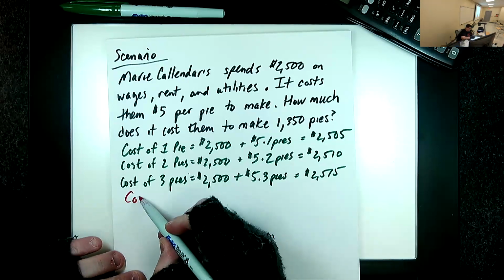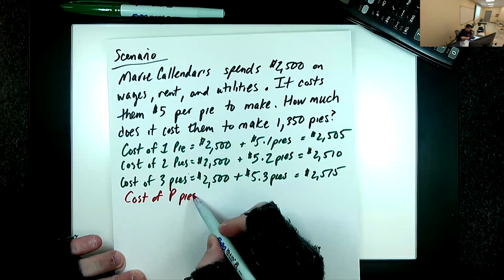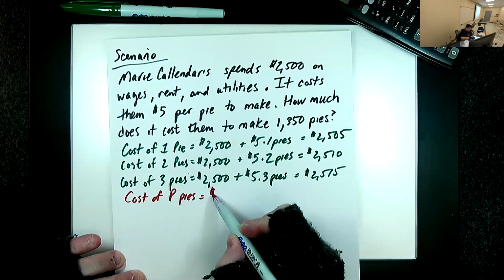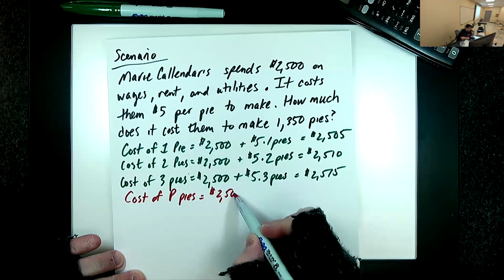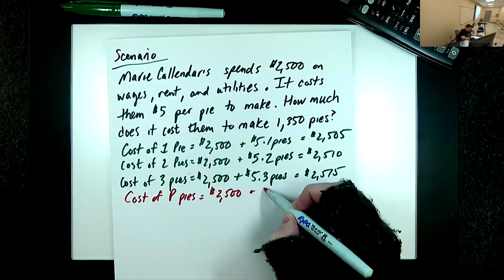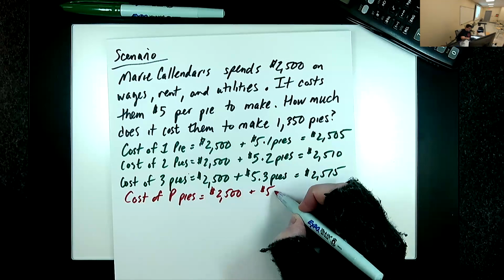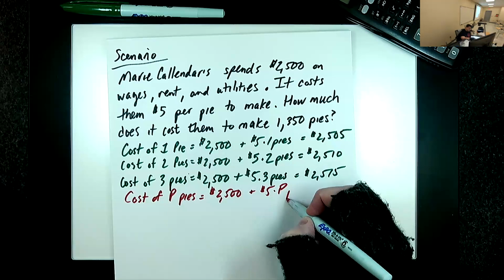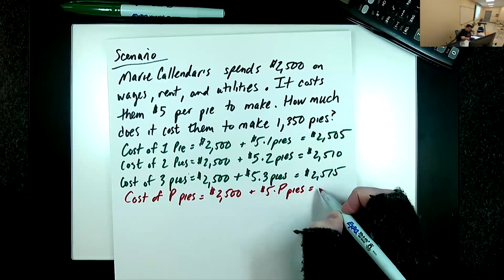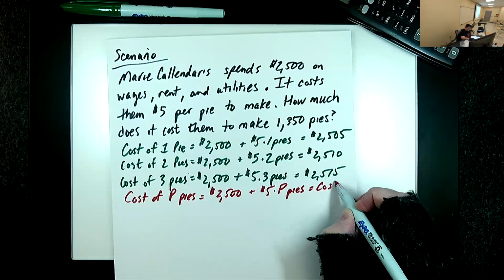For a cost of, I don't know how many pies, let's call it P pies. This process should stay the same. Is there a pattern here? It's 2,500 plus $5 times however many pies we had, so times P pies. And now I don't know what this is, that's just my cost.